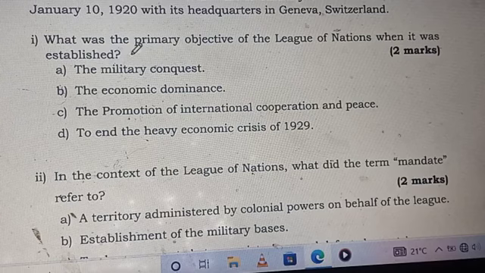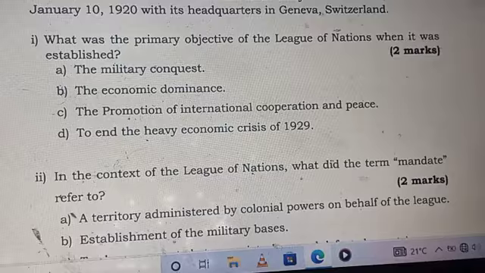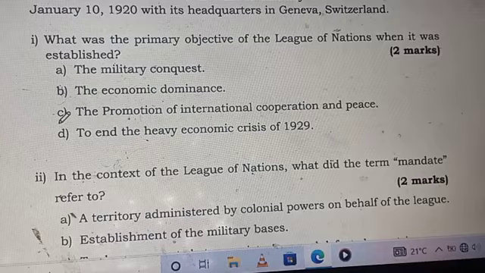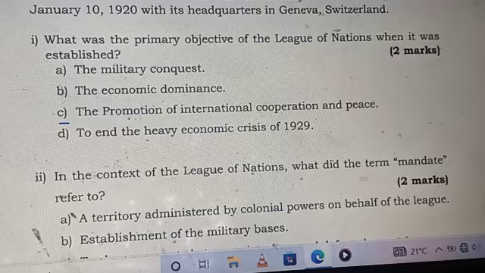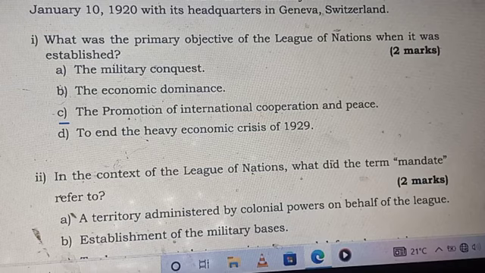What was the primary objective of the League of Nations when it was established? The correct answer is letter C, the promotion of international cooperation and peace. The League of Nations was created to maintain peace after the First World War.